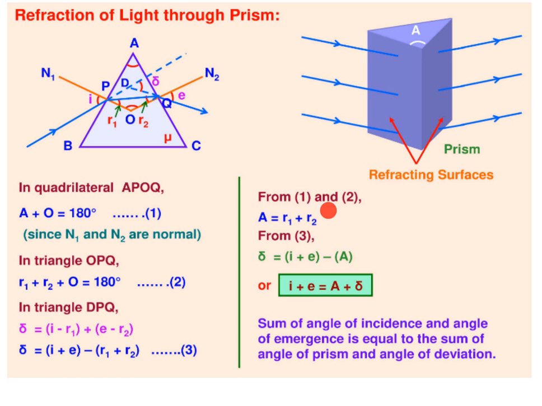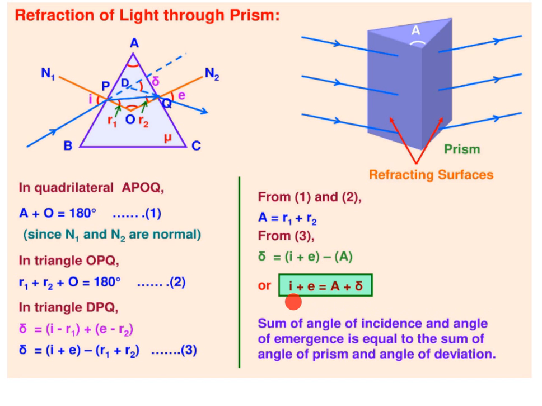So, from equations 1 and 2, A is equal to R1 plus R2. From equation 3, delta is equal to I plus E minus A. Therefore, I plus E is equal to A plus delta.